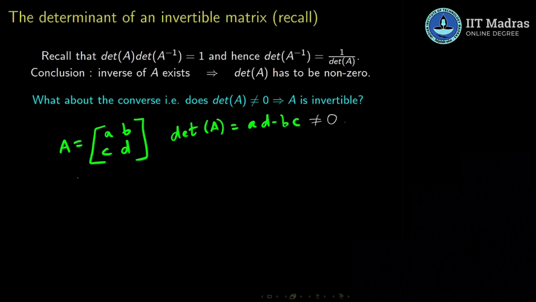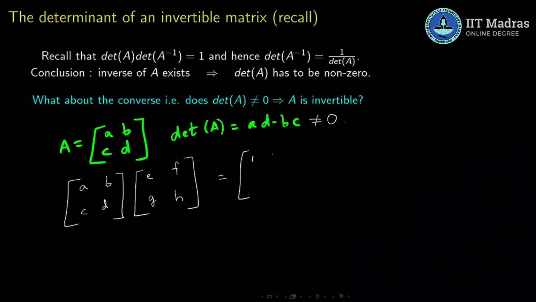Okay. What does the inverse satisfy? So, the inverse satisfies that if you take A, B, C, D and I multiply, suppose there is an inverse and it is called E, F, G, H, then I should get 1, 0, 0, 1. Okay. So, that means I will get a bunch of equations and I can try to solve them. So, what equations do I get?